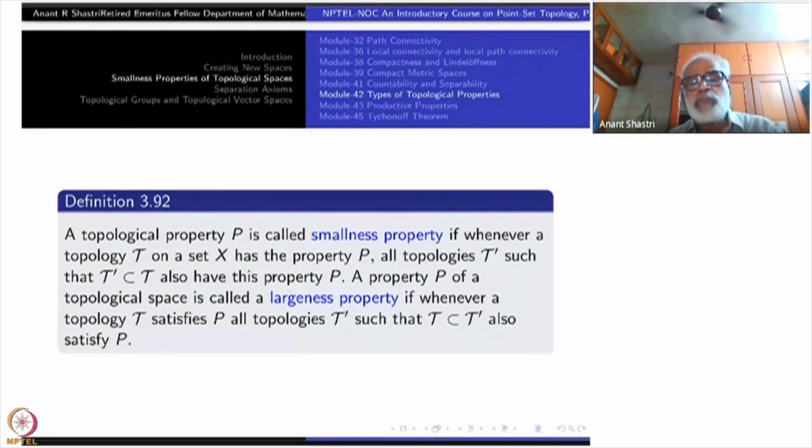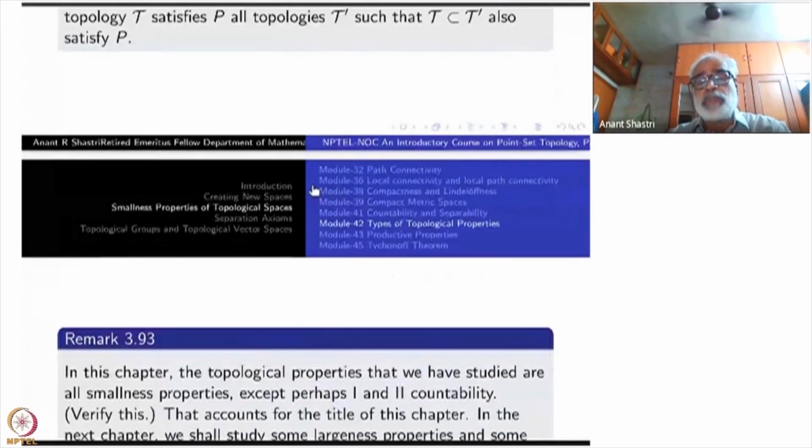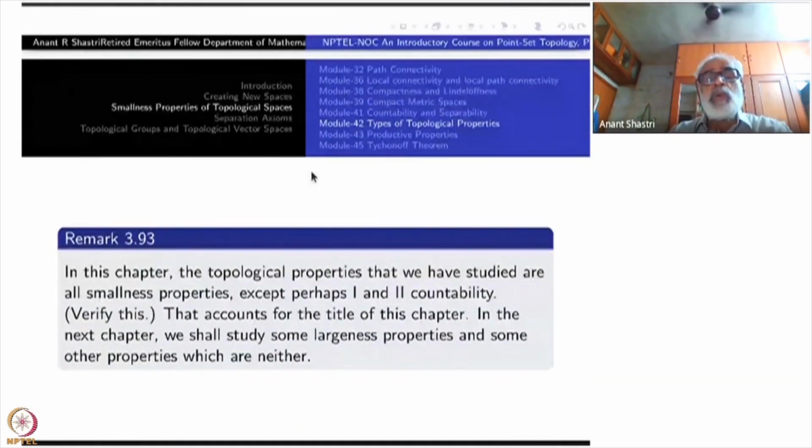Similarly, a largeness property is one where whenever tau has it and tau prime is a larger topology, then tau prime should also have it. Most of the properties that we have studied in this chapter belong to the first category, namely smallness properties, except perhaps the first and second countability. They are not exactly of this nature, I have already told you.